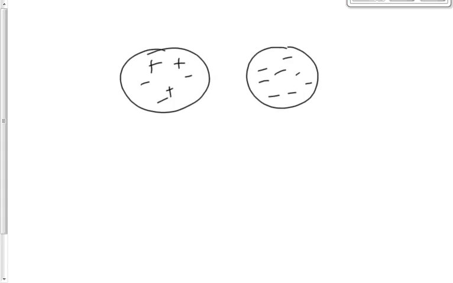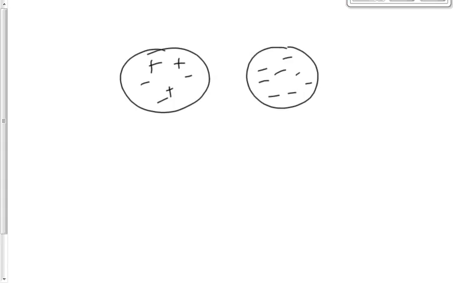What happens to the protons inside there? Michael? Well, they are attracted to the negatives, but they don't go anywhere, right? Yeah, they stay put because the protons are in the nucleus and they can't go anywhere. They want to go over there, but they can't unless they drag the entire atom with them, and that doesn't happen. So they stay put.